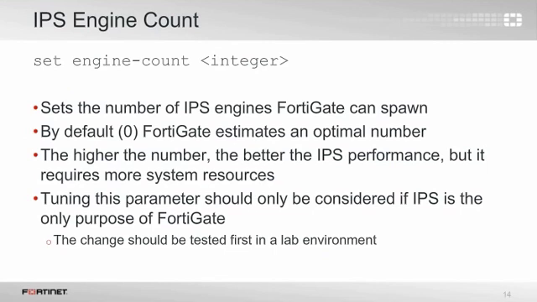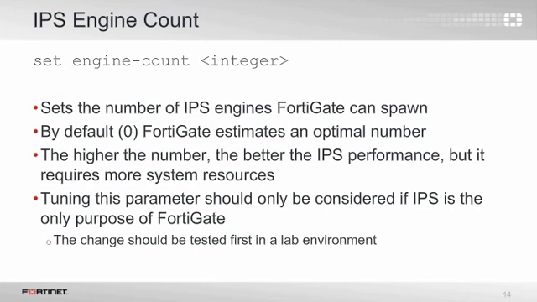The engine count setting controls the number of IPS engine processes running on FortiGate. When it is set to the default, 0, FortiGate determines the optimal number based on system load. More IPS processes may result in better performance, but could risk overloading the system.